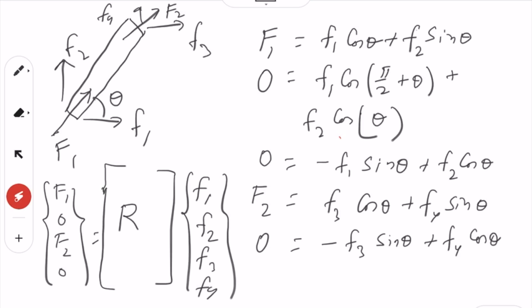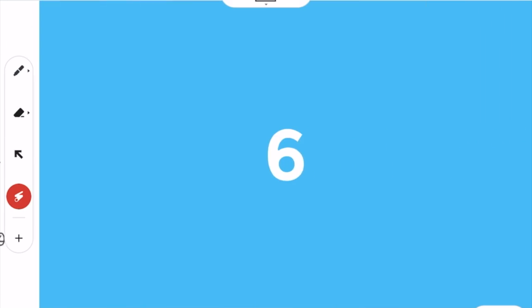The second thing is we have minus f1 sin theta plus f2 cos theta, so the second row will be minus sin theta, cos theta, 0, 0. Similarly, the third one will be 0, 0, cos theta, sin theta, and the fourth one will be 0, 0, minus sin theta, cos theta.